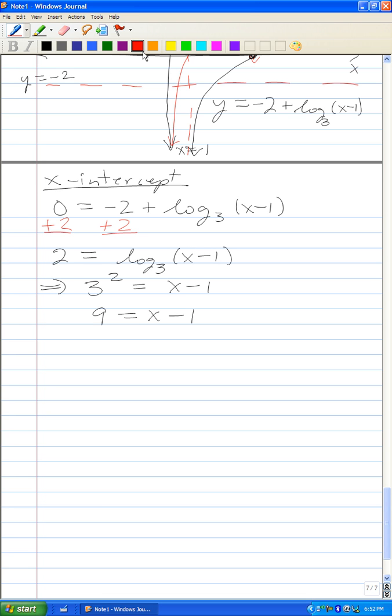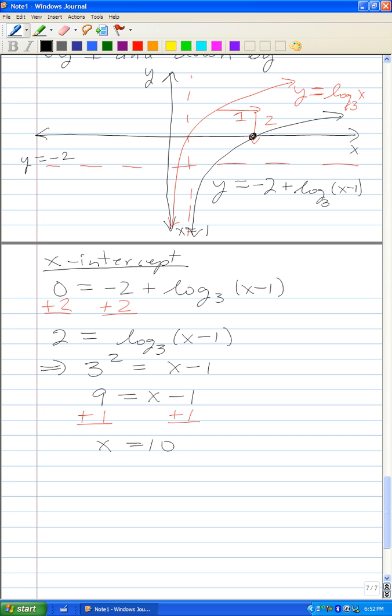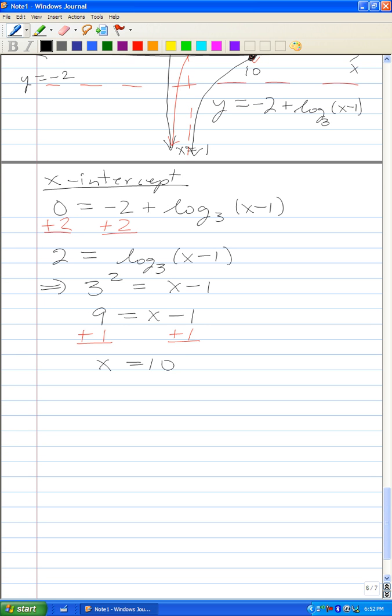Add 1 to both sides of your equation. And so x is equal to 10. So I have here (10, 0).